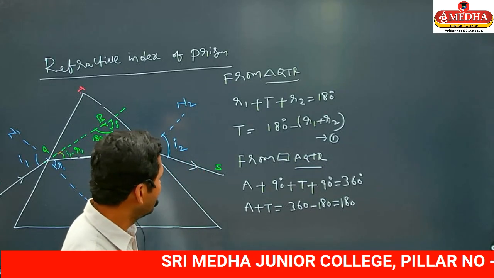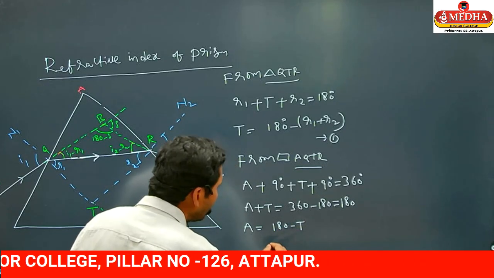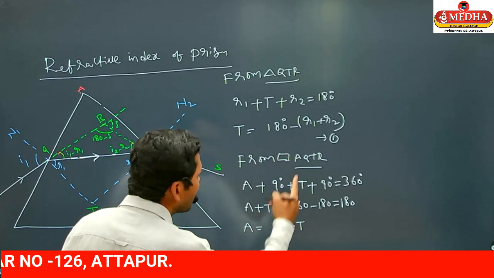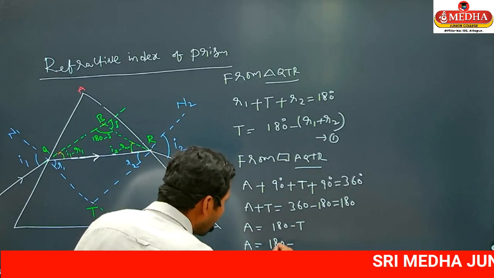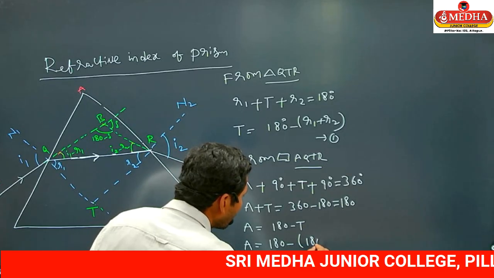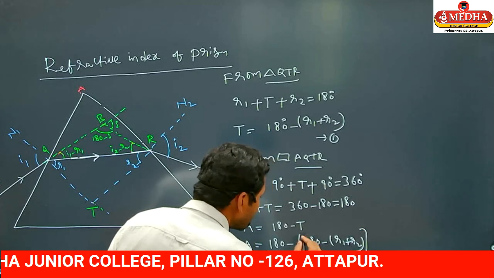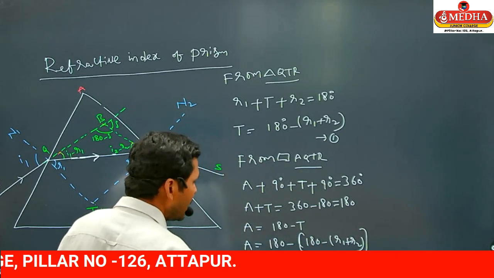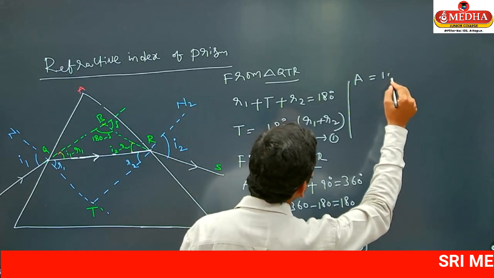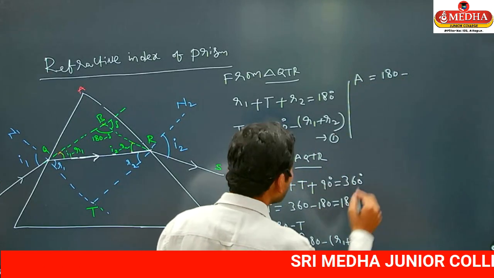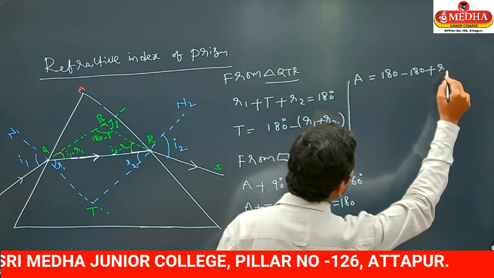Next, A is equal to 180 minus T, but from equation 1 we already know the T value. Substituting equation 1 here, A is equal to 180 minus (180 minus (R1 plus R2)). Then A is equal to 180 minus 180 plus R1 plus R2.